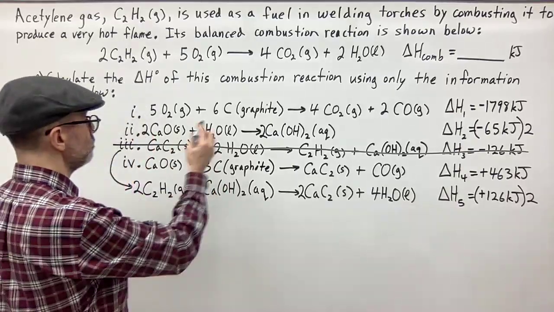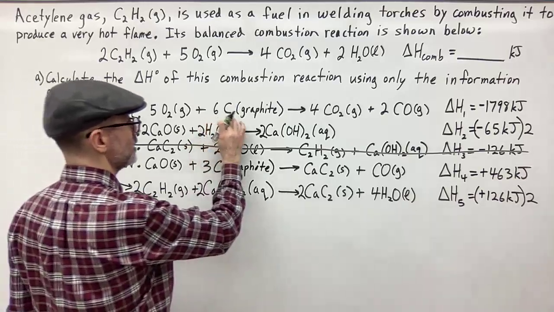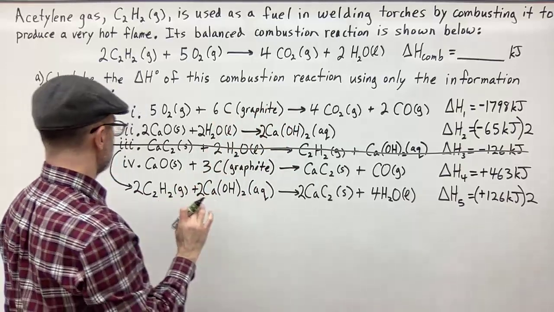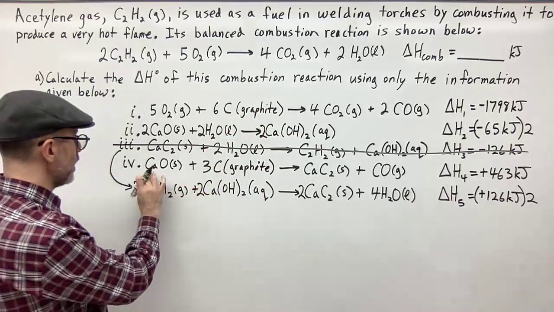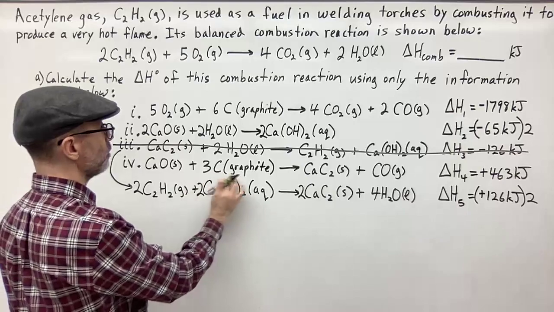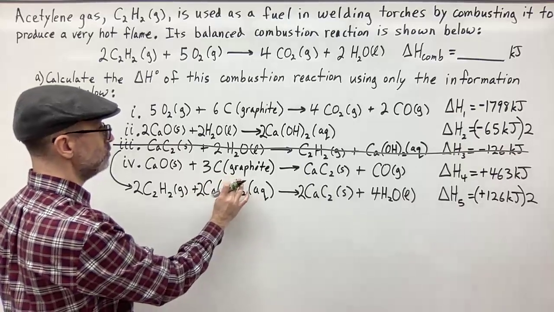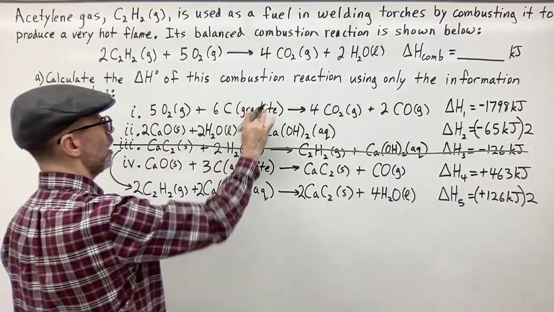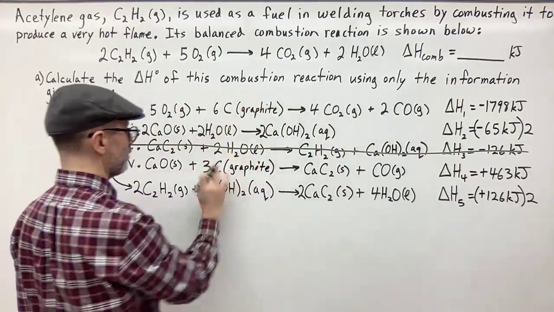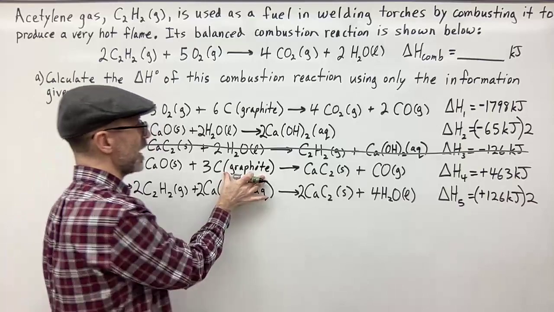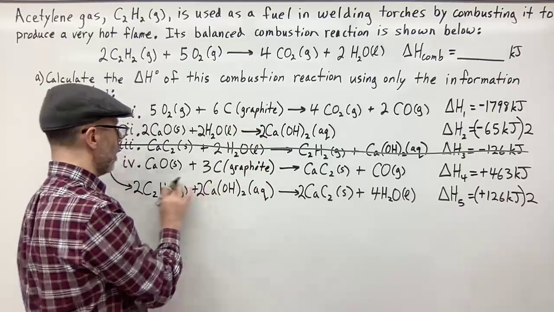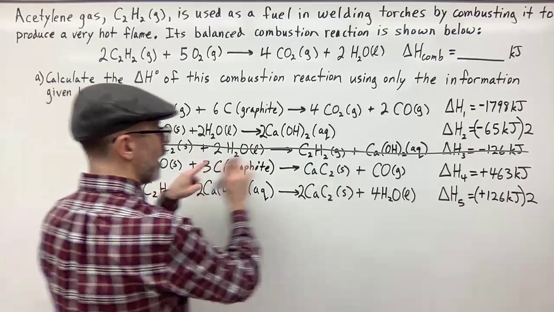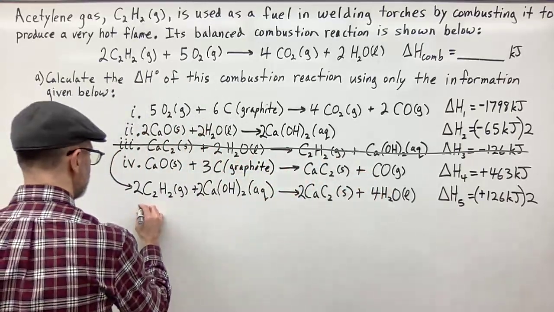So here I have 6 carbon graphite, and here I have 3 carbon graphite, right? I don't want to change this equation here, but I need to get rid of the graphite. I have the graphite on the same side, on the reactant side, but if I flip this equation, then I'd have graphite on this side. So let's go ahead and flip the equation here.